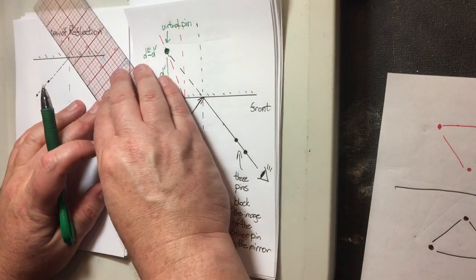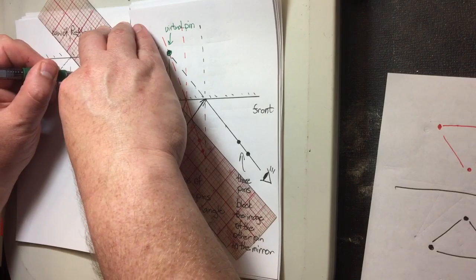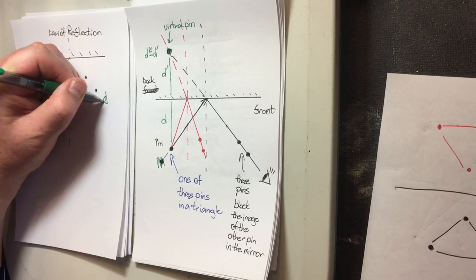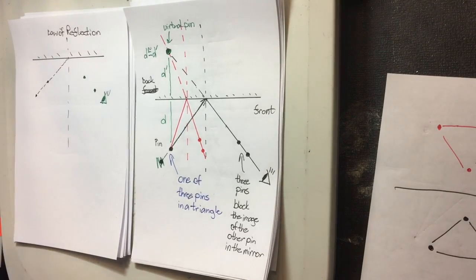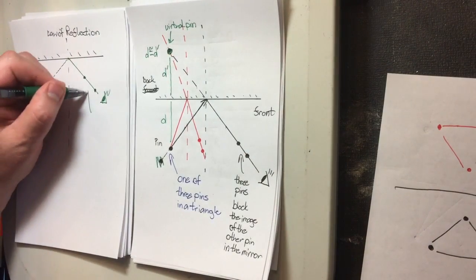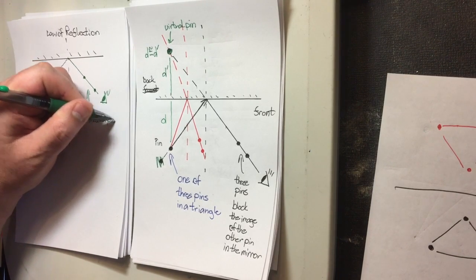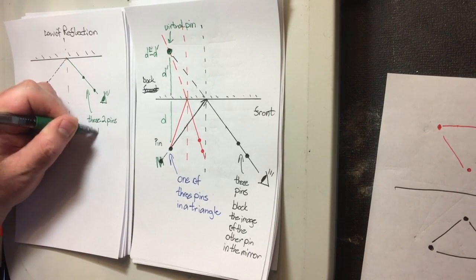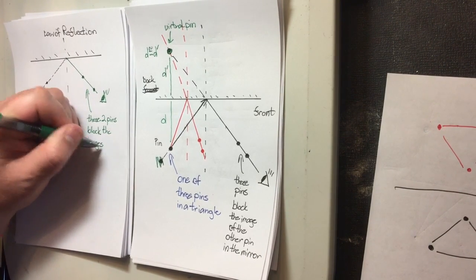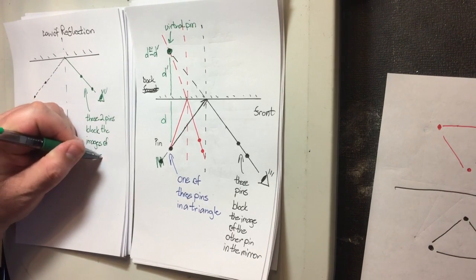Now what you do is you place two pins where you're looking at it, these 2 pins block the images of those 2 pins.